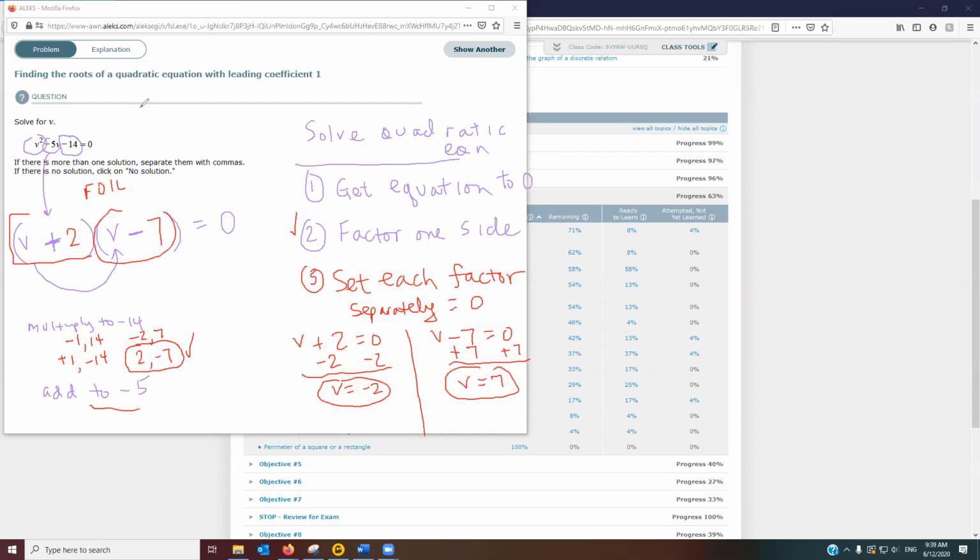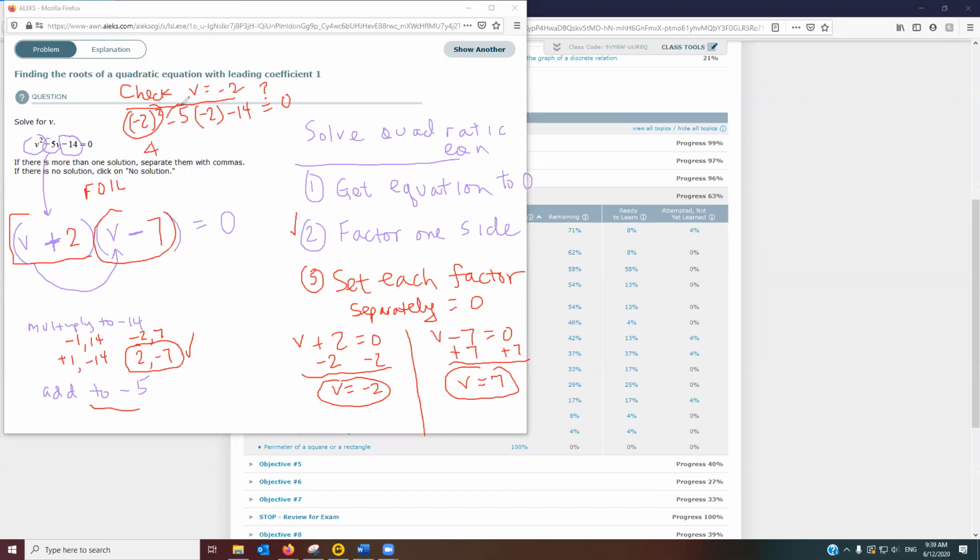Let's do a quick example. I'm just going to check v equals negative 2. I'm going to plug in negative 2 in place of v and see if I really end up with 0 as the answer here. Negative 2 squared, that's positive 4.